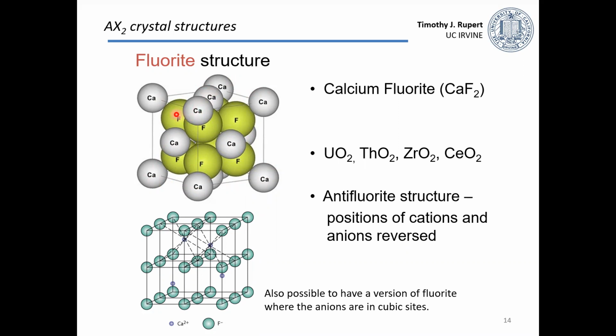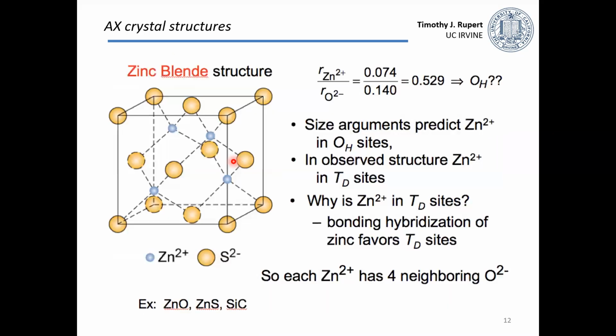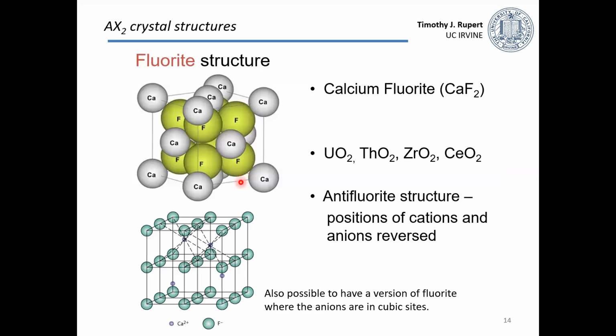And then all of those tetragonal interstitials are filled. So in the slide before, we had just 4 of these sites filled. In this case, all of them are filled up. Okay. It's also possible to have what's called the anti-fluorite structure. So this would be if you were to switch the position of the cations and the anions.